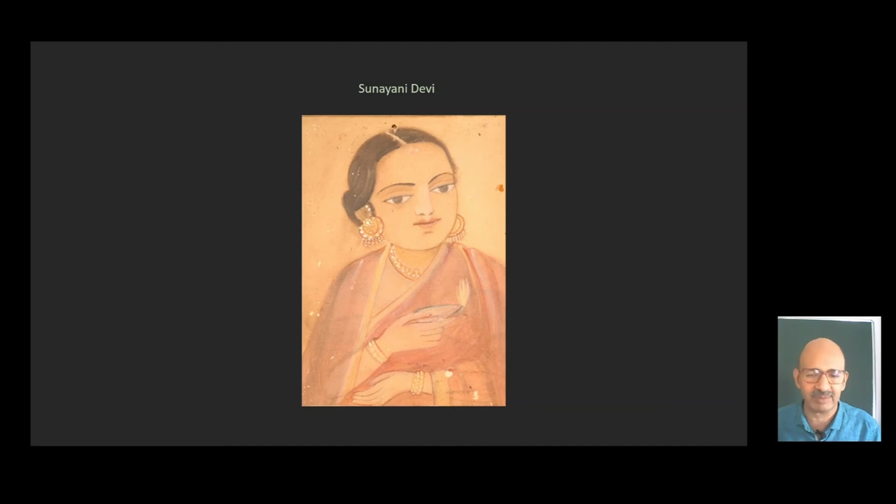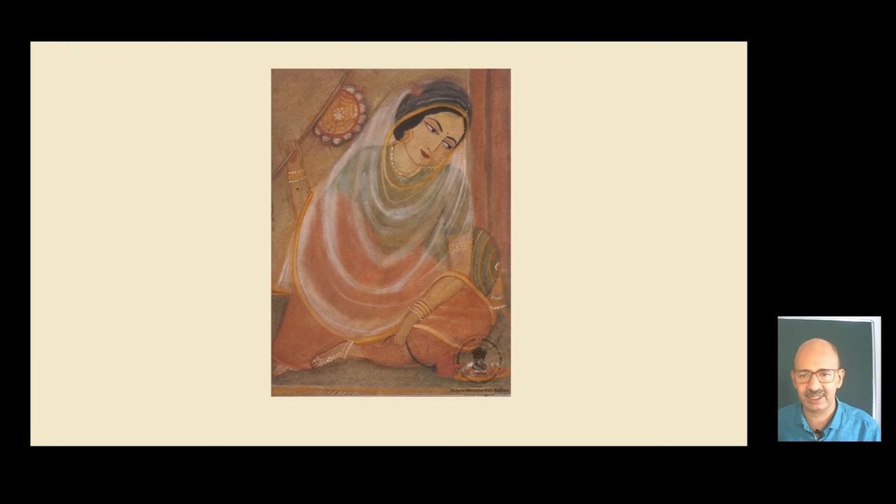She is now being profusely studied, thoroughly studied by art historians. So Sunayani Devi is also applying the norms of Bengal school, certain ideas and values of traditional Indian miniature painting, but she is also looking at subject matters which are very, very contemporary in style.